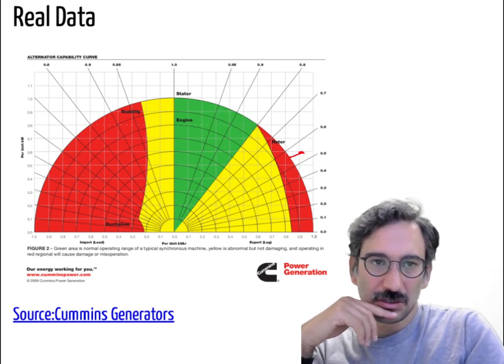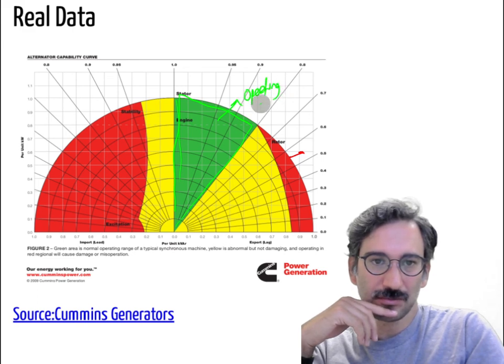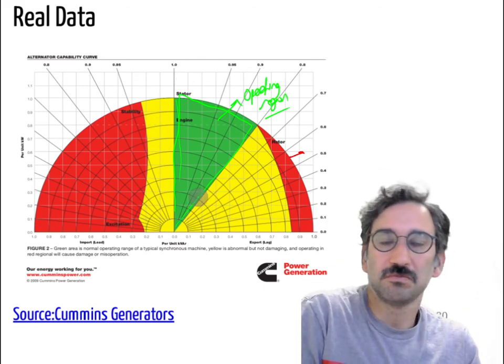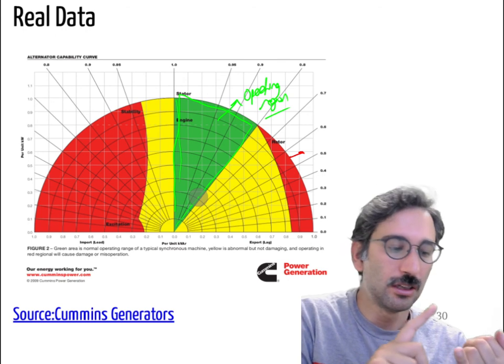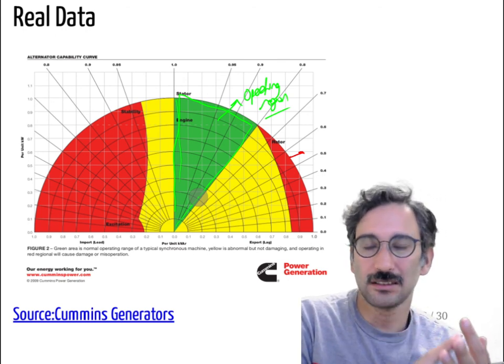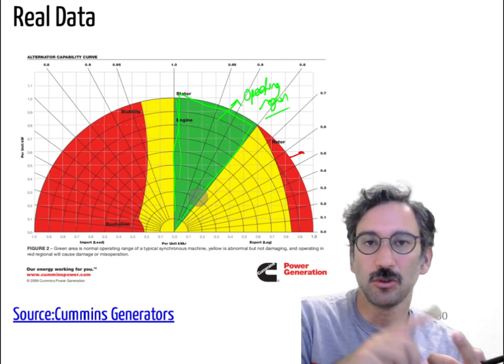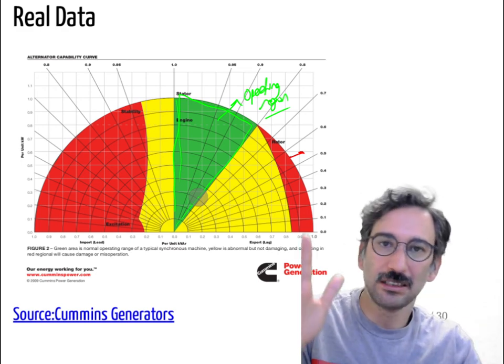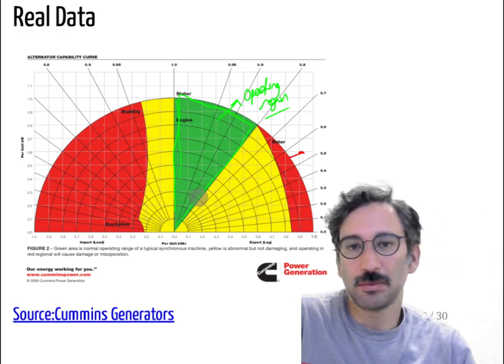What you end up with is that you need to operate in this region, the operating region. You need to make sure that rotor heating, stator heating, saturation, and the prime mover or mechanical power limits define your operating range.